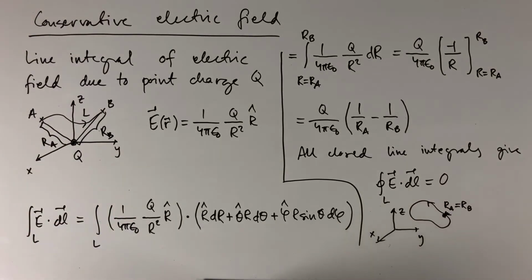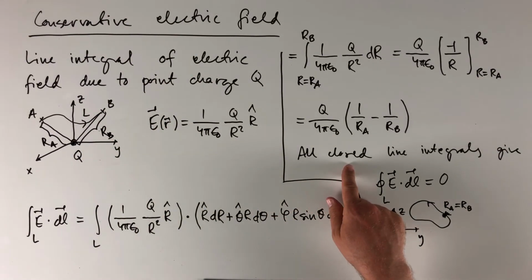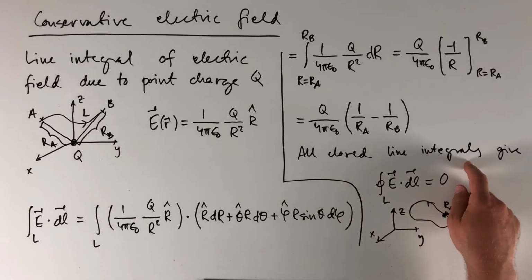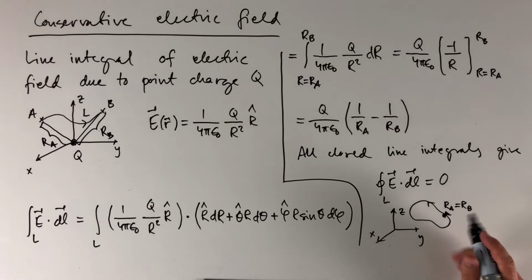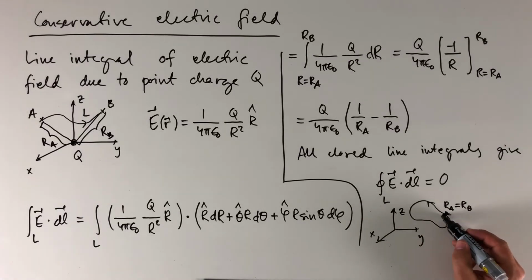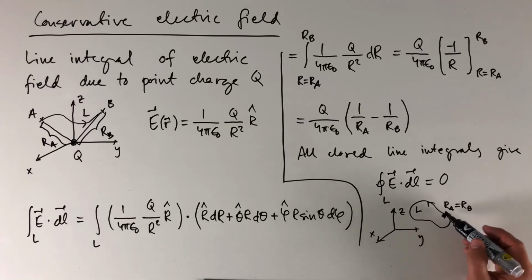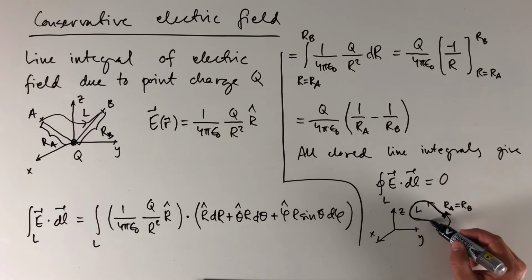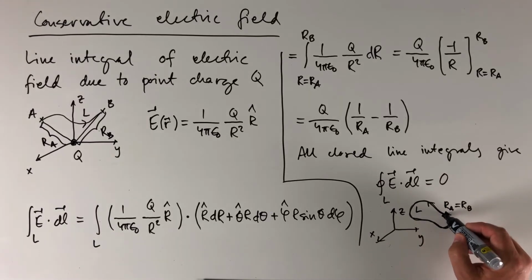And in order to arrive at this statement that we have a conservative electric field, we need to assess a closed line integral. So that gives us this situation. If we imagine that we have a closed contour L here, so this is our contour L, then we start at this point, we go around the contour, and we end at the same point.